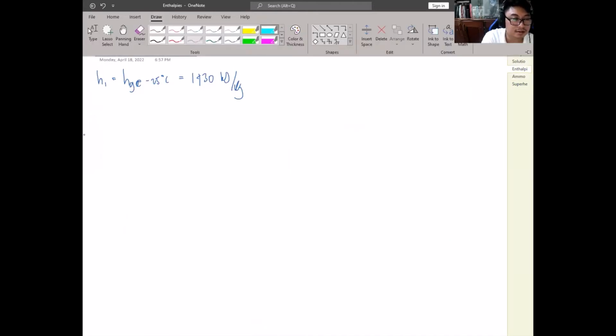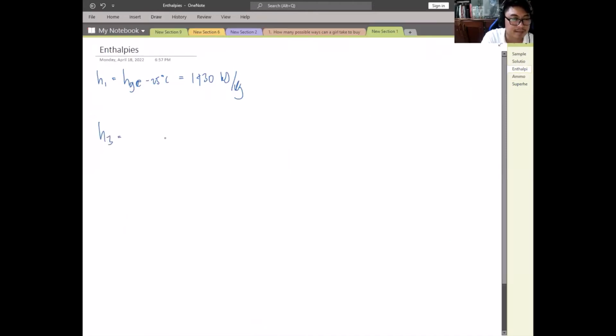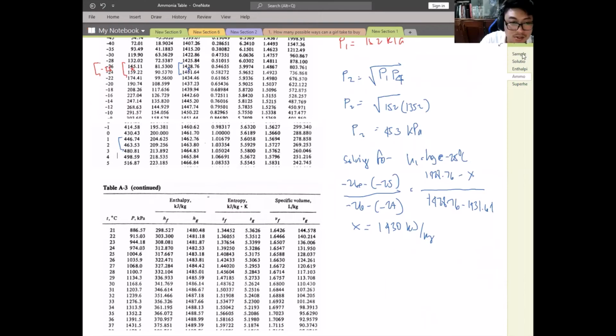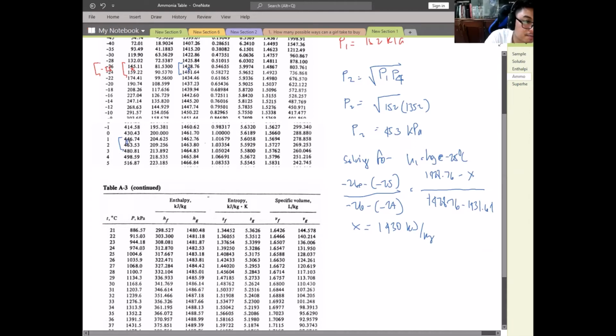So, H3 is HG at 453 kPa. Ang 453 kPa, I think, nasa gitna po ng 446 at 463, no? Okay? So, andito si, ano po ulit yan? 453. So 453 yung given natin. Lagay natin 453.